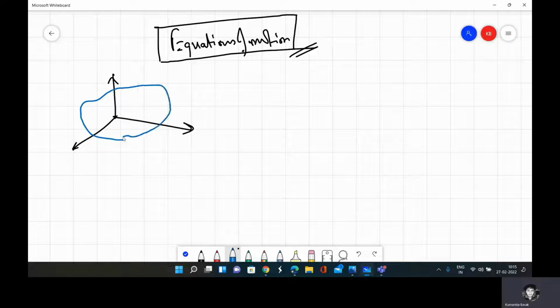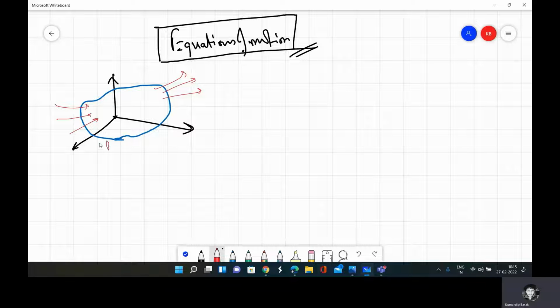and let us fix a control volume here. This is a control volume. It has a fixed volume and it's fixed in space. Now, as you understand, since this is a fixed quantity in space, fluid is entering and fluid is going out from this volume element.